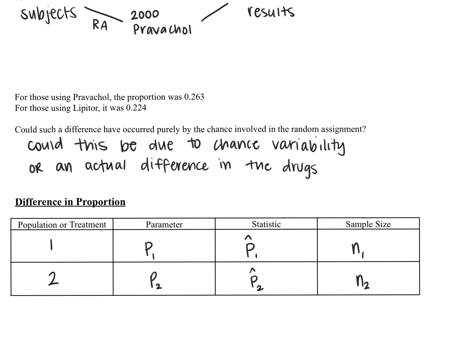N1 and N2 could be the same, or they could be different. They should be close to one another, especially if you want to make a comparison. You don't want your sample sizes to be too different in size, because then we can't really tell if it was due to chance variability or an actual difference.